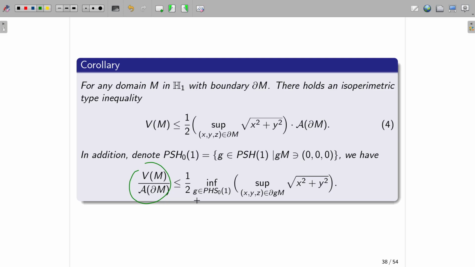We move all G, which is analogous to the rotation and the translation in Euclidean space, but here in a pseudo-Hermitian manifold H1. So we got the control of the ratio.